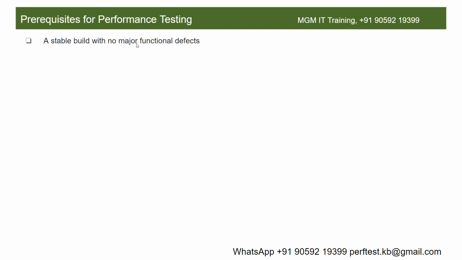First of all, let's understand what is meant by a functional defect. If there are any defects in the functionality of the application, it doesn't make sense to do any performance testing, isn't it? If your application is not working as expected, there is no point in doing performance testing. Yes or no?